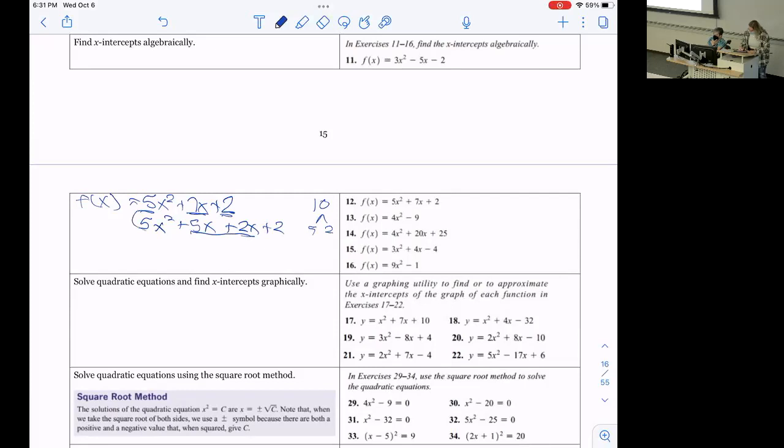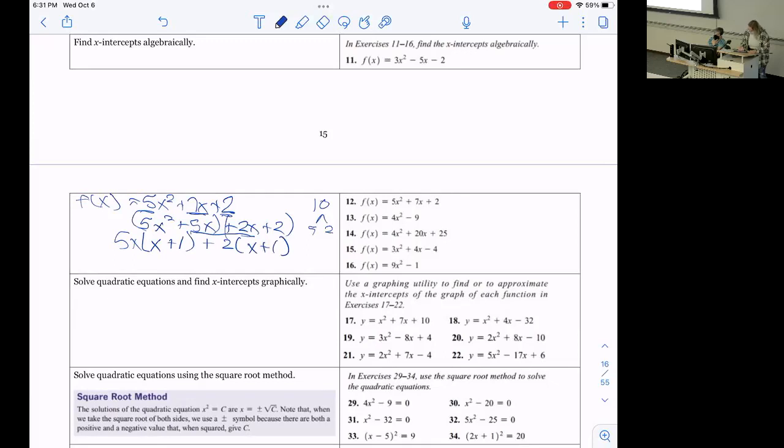And now we can group these together and we can pull out the common pieces from each. So in this first piece, we can pull out a 5x and we are left with an x plus 1. And in the second piece, we can pull out a 2 and what we're left with is x plus 1.